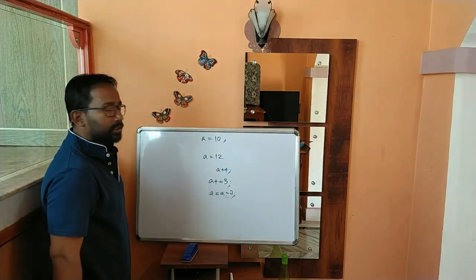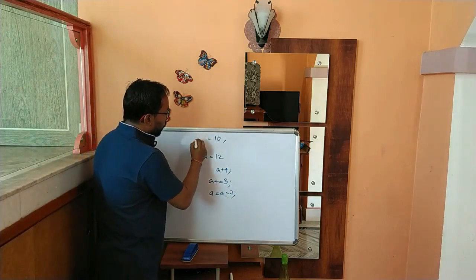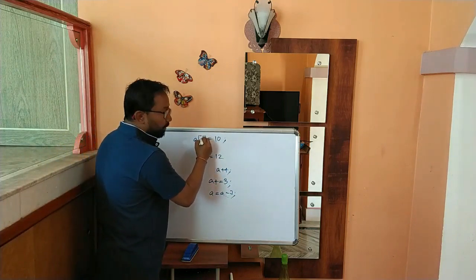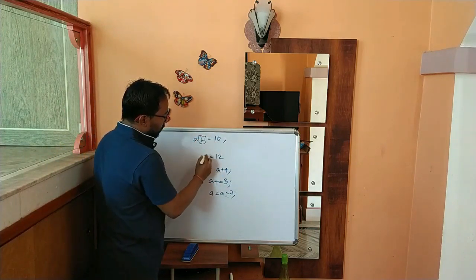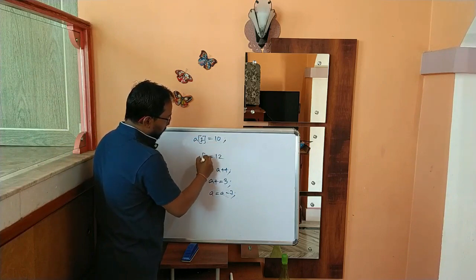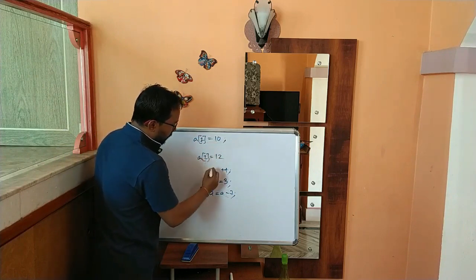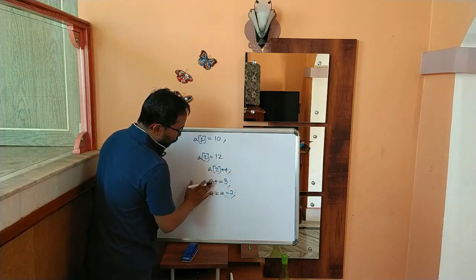So here also we can do the same. Only instead of a, what will we write? a with an index number, suppose 2. a[2].